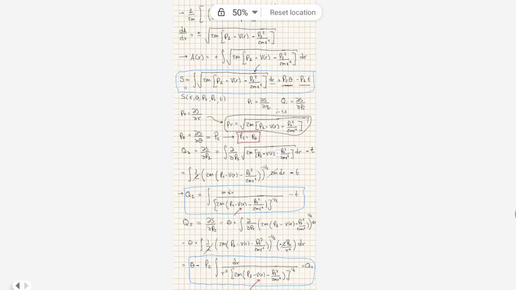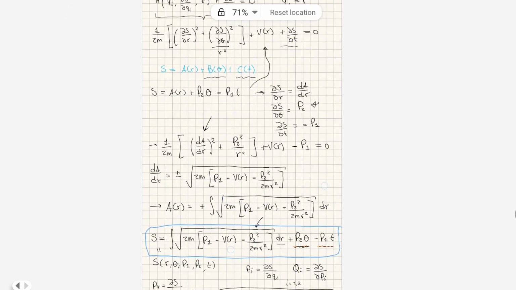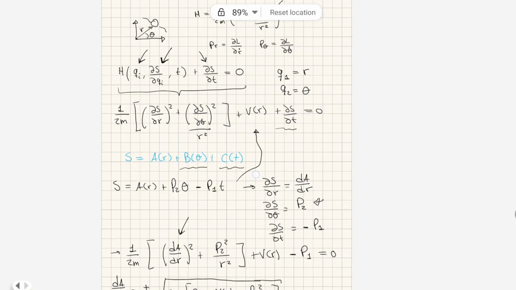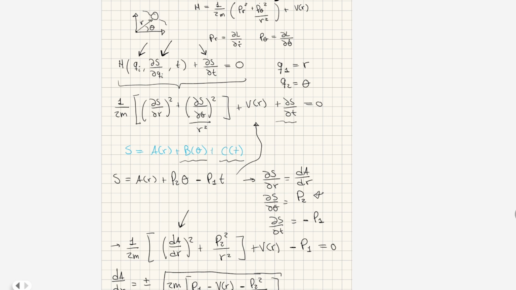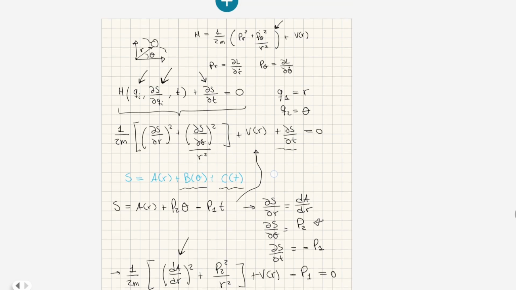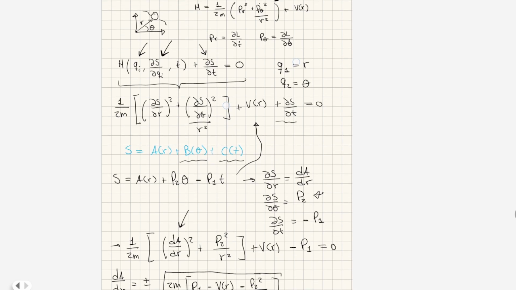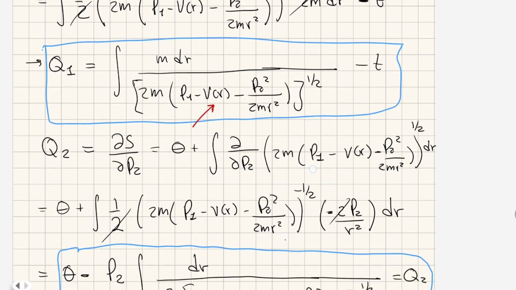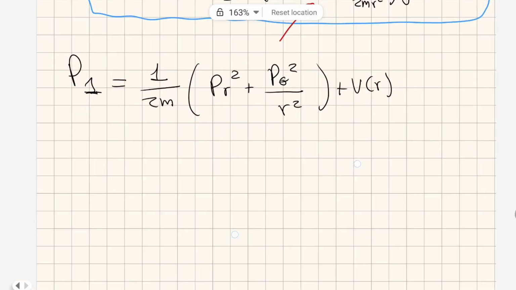So very curious. And it is actually something that we should expect, because remember that the Hamiltonian is a constant of motion. If you take the derivative with respect to time of the Hamiltonian, it is equal to 0, which means that this Hamiltonian is a constant of motion, and that P1 is also a constant of motion.